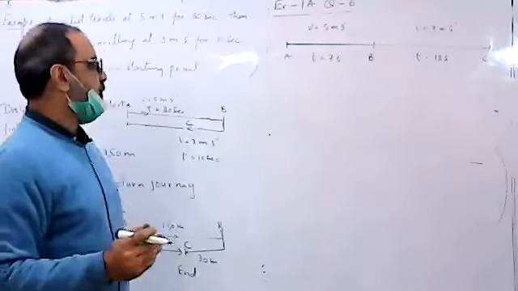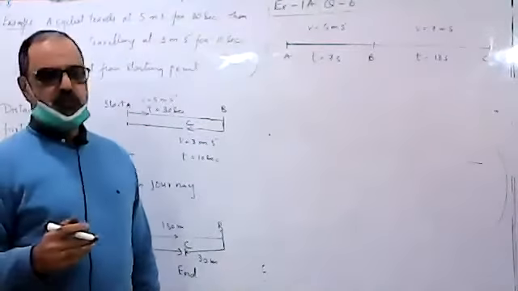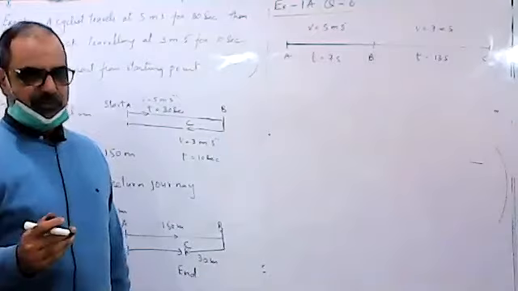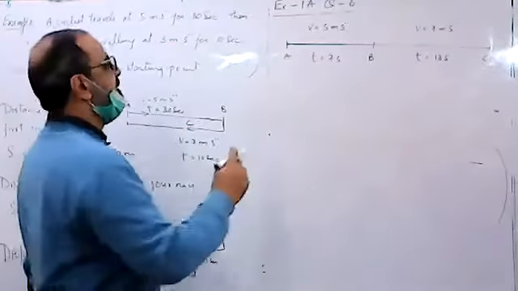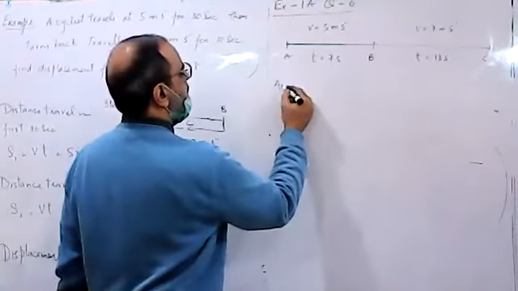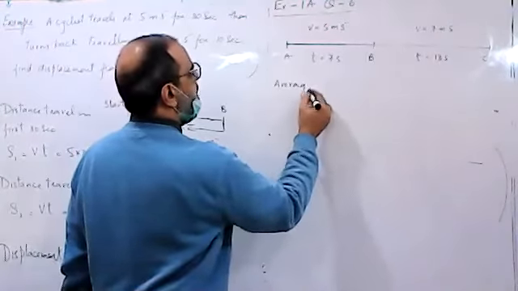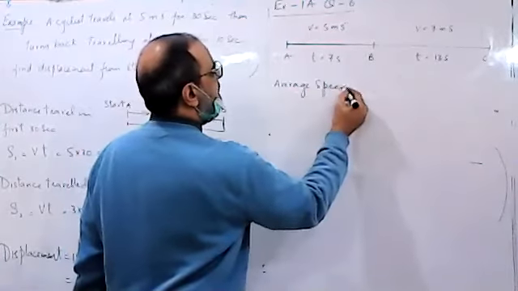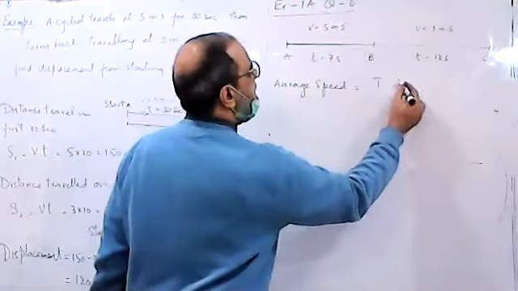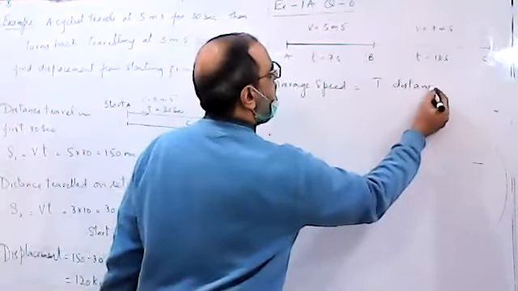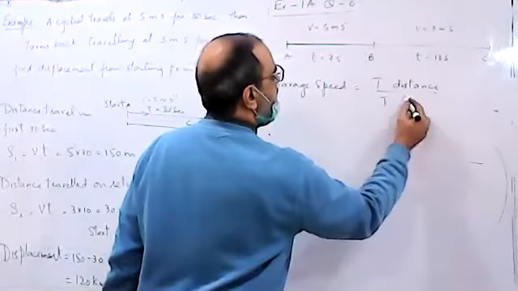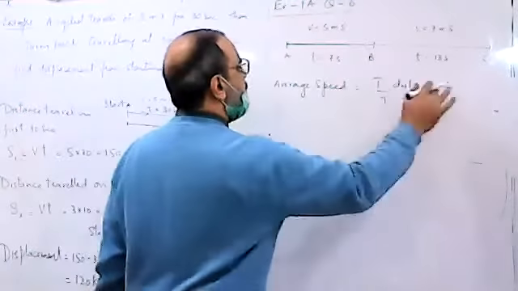Average speed, we know the formula for average speed, that is total distance divided by total time. So I need average speed will be total distance divided by total time. So I need total distance.